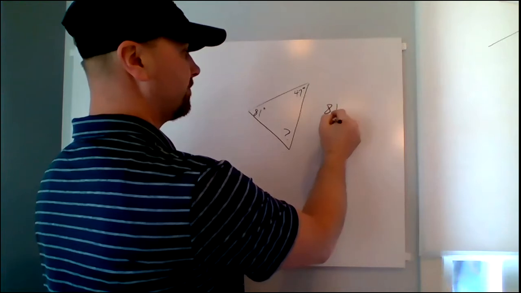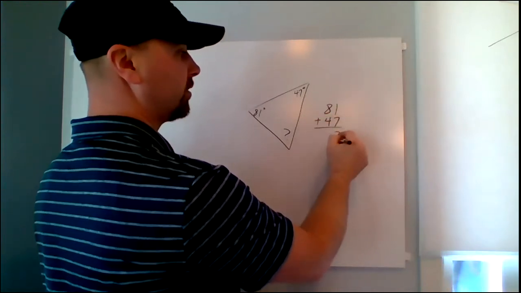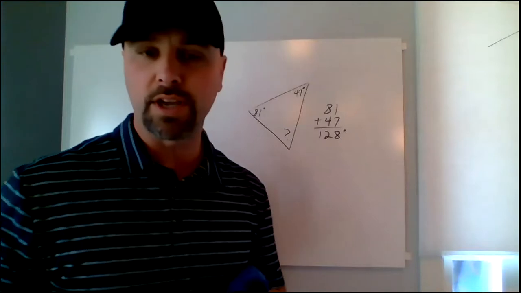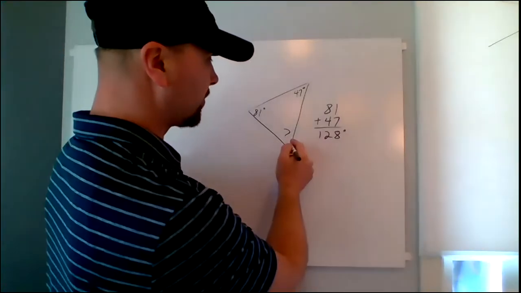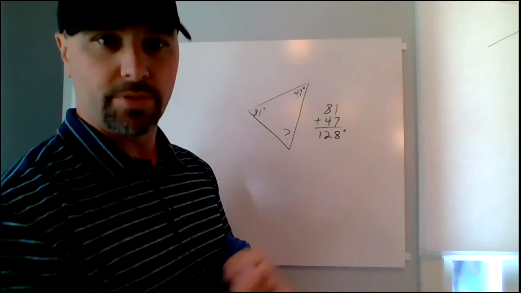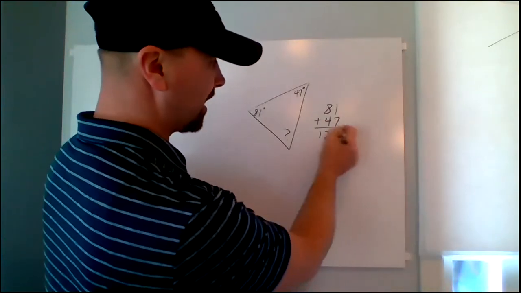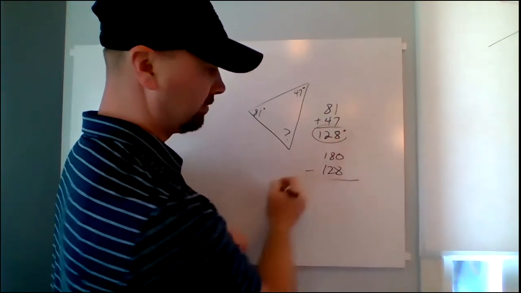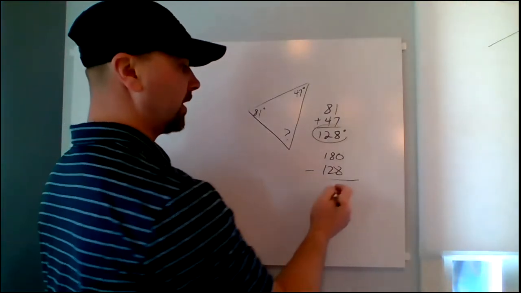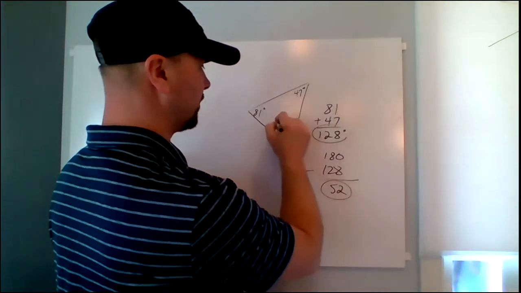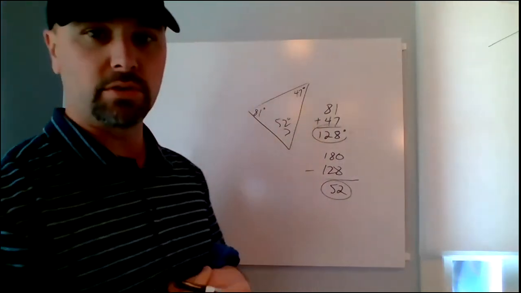Add the two that we know, and between those two angles there's 128 degrees in the triangle. This third one has to get us to 180, okay? So take what we know out of the 180, and we are going to end up with 52. This would be a 52-degree angle.